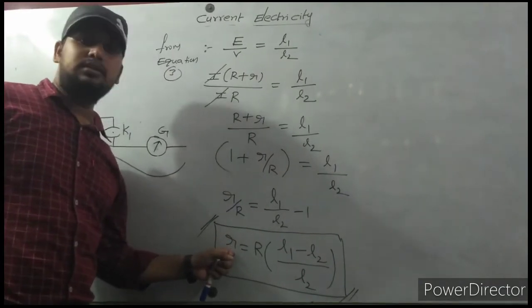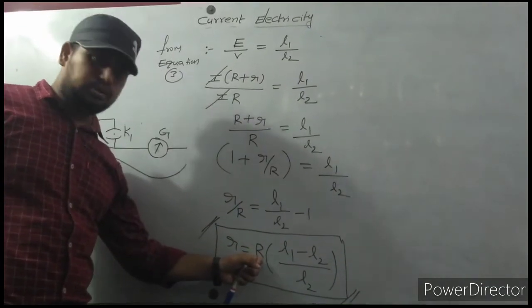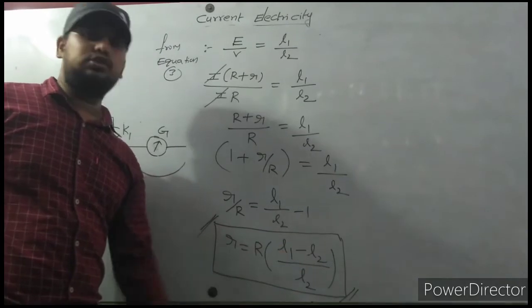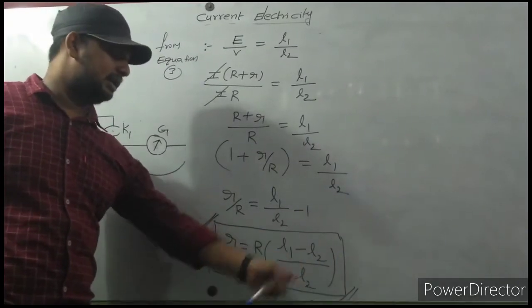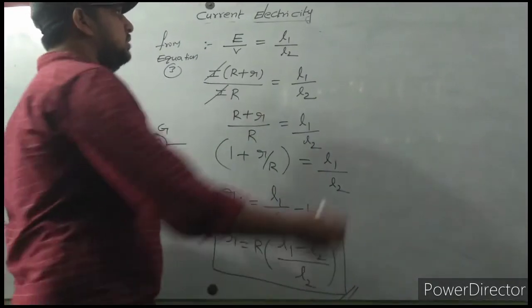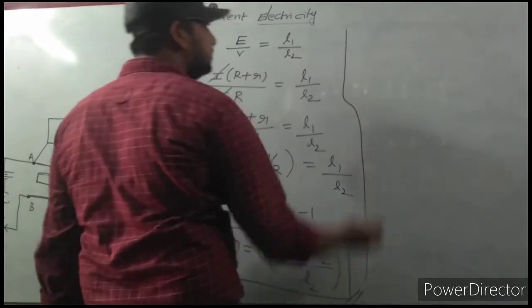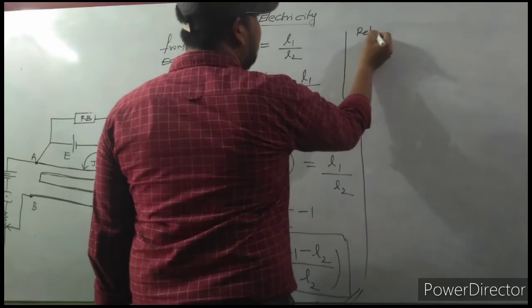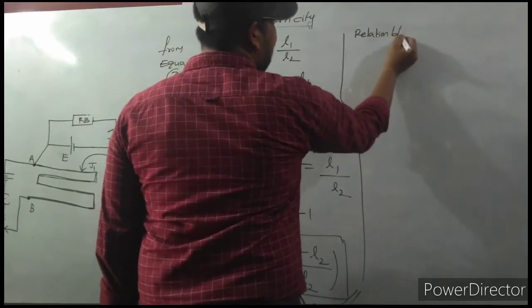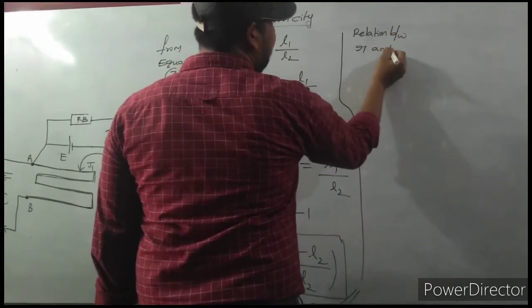Small r is equal to capital R into (L1 minus L2) by L2. So this is the formula, and the relation between small r and capital R.